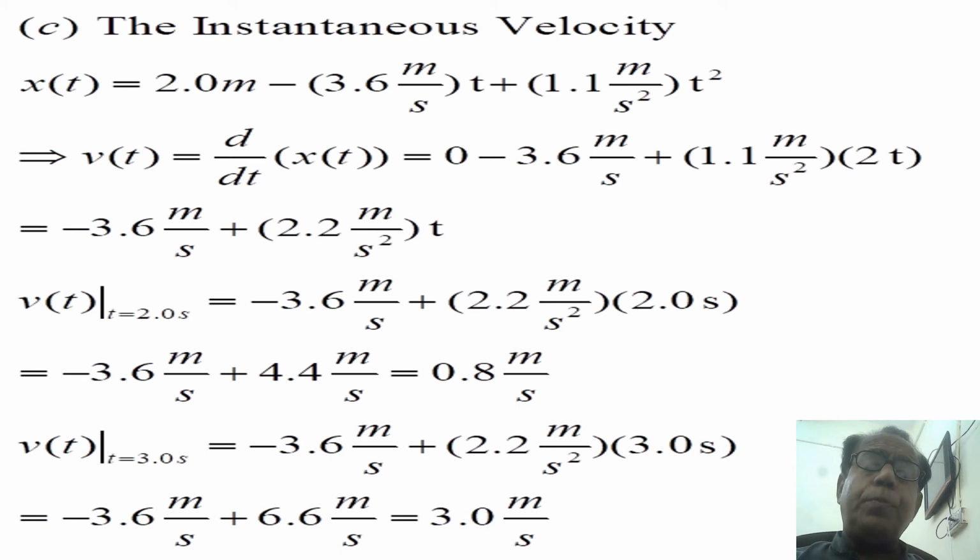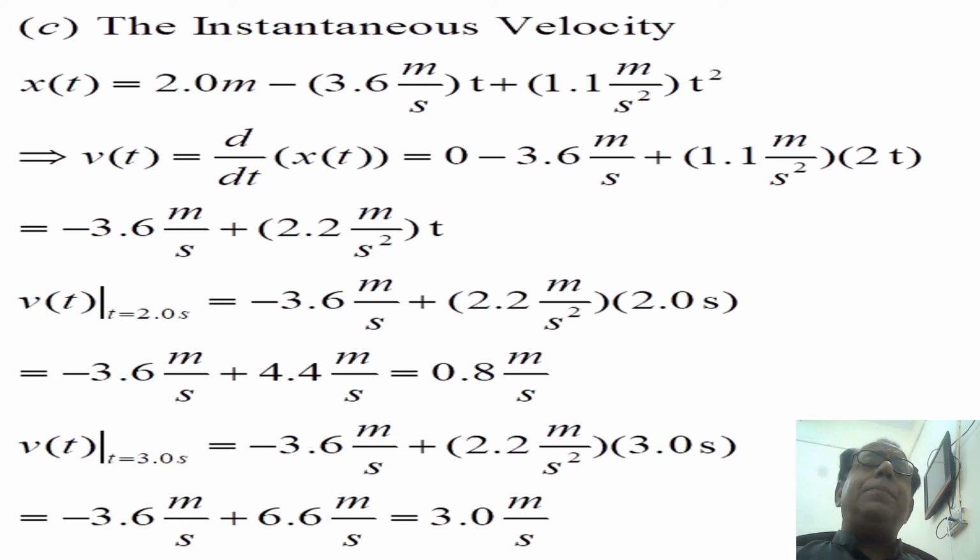This implies that velocity as a function of time is equal to d over dt of x(t), which equals 0 minus 3.6 meter per second plus 1.1 meter per second square into 2t. Dear students, there are three terms on the right hand side.